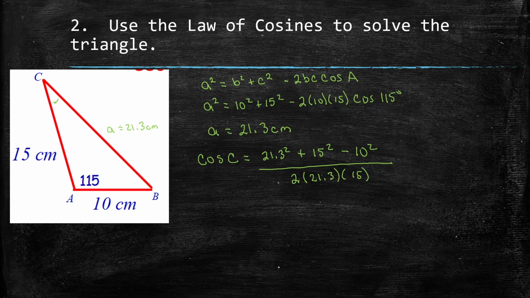Okay, and plug all that in, and you do the arc cosine of that value here, and you're going to get 25.1 degrees.